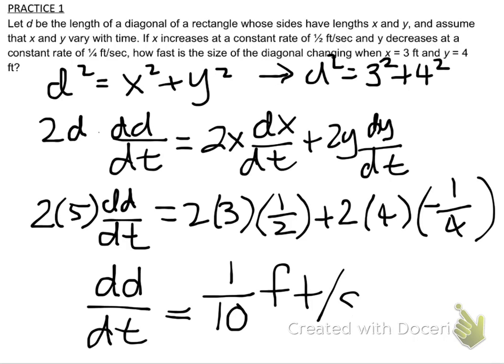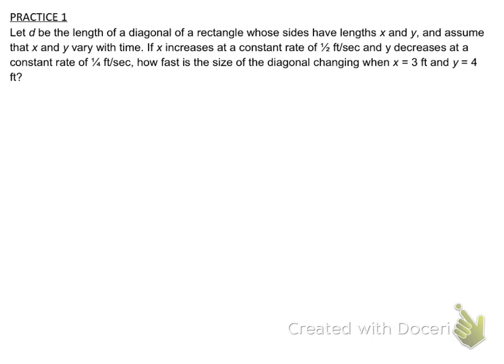Now, something really important, I can tell that dD over dt is positive, which means that the diagonal is increasing and not decreasing. So last but not least, our important step is to write the answer as a full sentence.